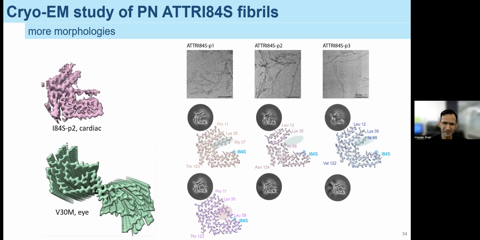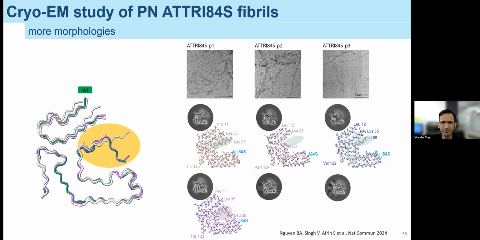But this gives a hint that maybe the polymorphism might not be induced just due to one mutation or one tissue which is producing the TTR, but it could be that different mutations could result in different polymorphic states.